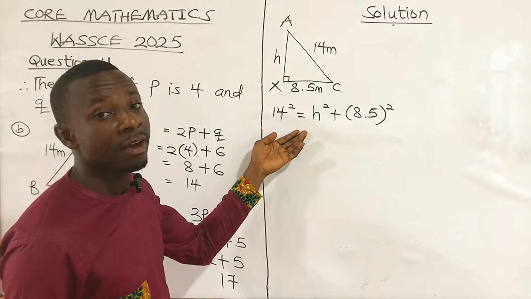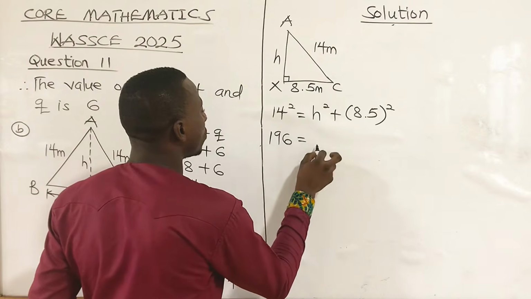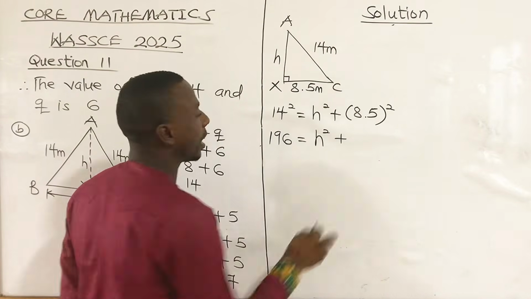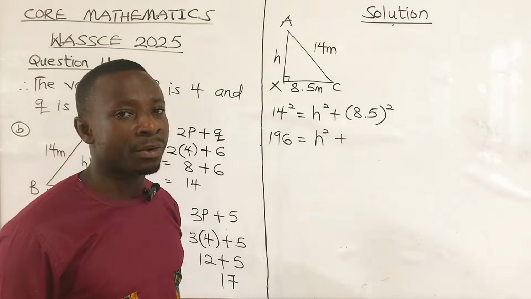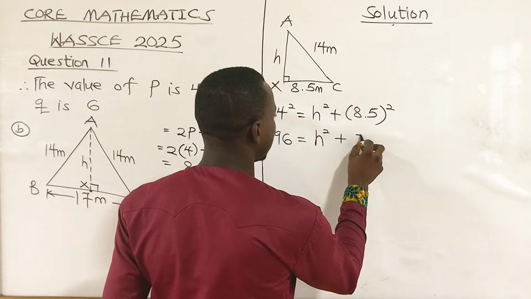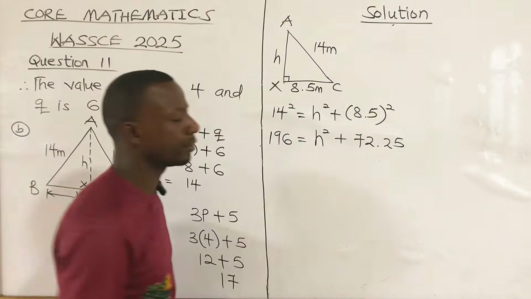So we have 14 squared to be 196 is equal to h squared plus 8.5 squared, which is 72.25.